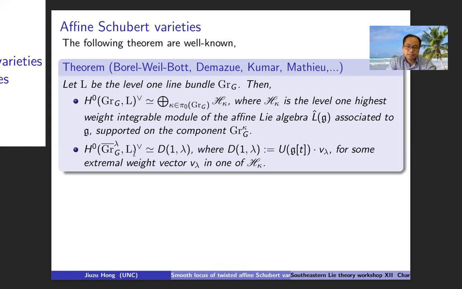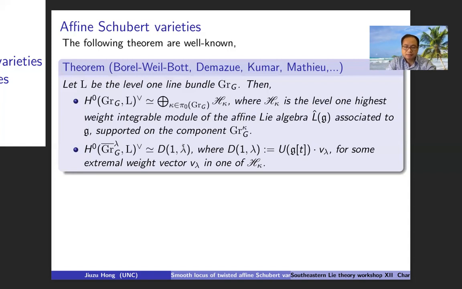And for the second one, if we restrict the level 1 line bundle to the affine Schubert variety, and we take global sections and then take a dual, it will be the so-called level 1 affine Demazure module, which I denote by D1 lambda.